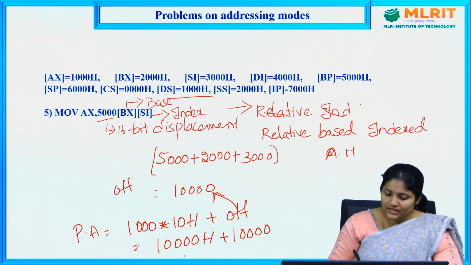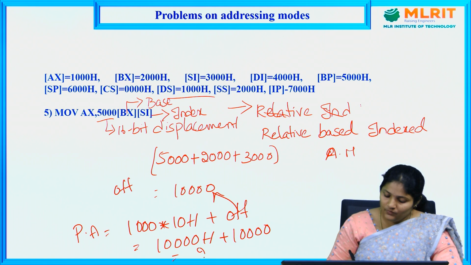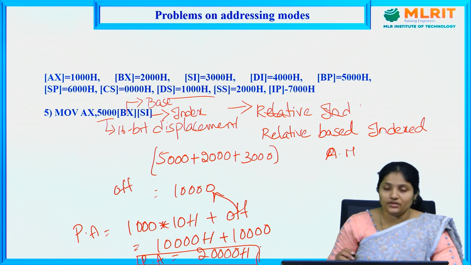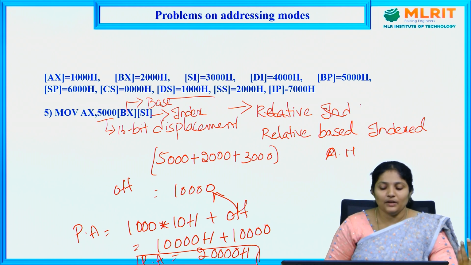So what is the physical address for this instruction which belongs to the relative based indexed addressing mode? It would be 20,000H. This is how we calculate the physical address for any instruction which belongs to different addressing modes.